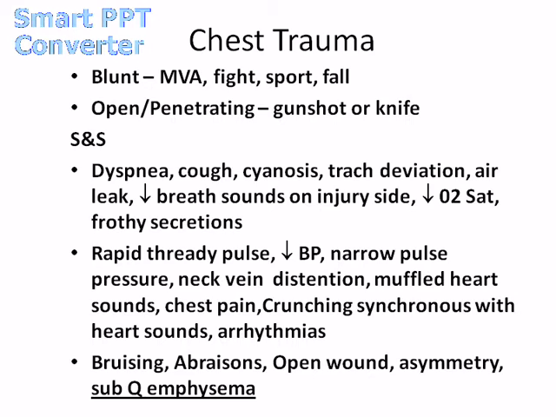That will tell us that there's broken ribs in there. And arrhythmias. When we look at them visually, we're going to see bruising, abrasions, an open chest wound, asymmetric movement, and they could have subcutaneous emphysema. I'm going to go over that in class. And also look for an exit wound if there was a gunshot.